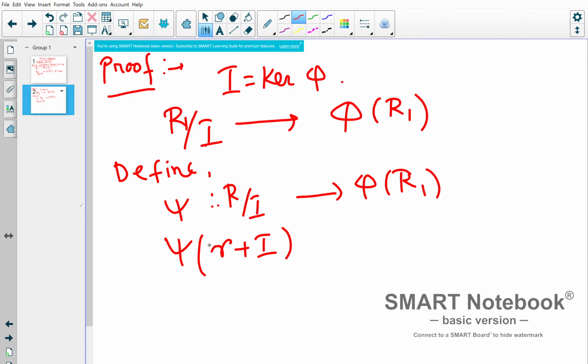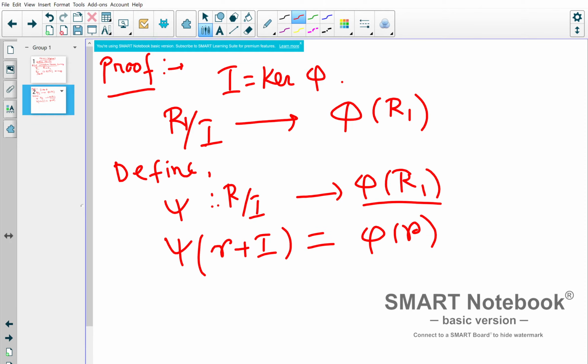So if we map R plus I, what will be the image of this? Can you guess? What is the natural element here? The natural element here will be phi of R. This is the natural element, right?